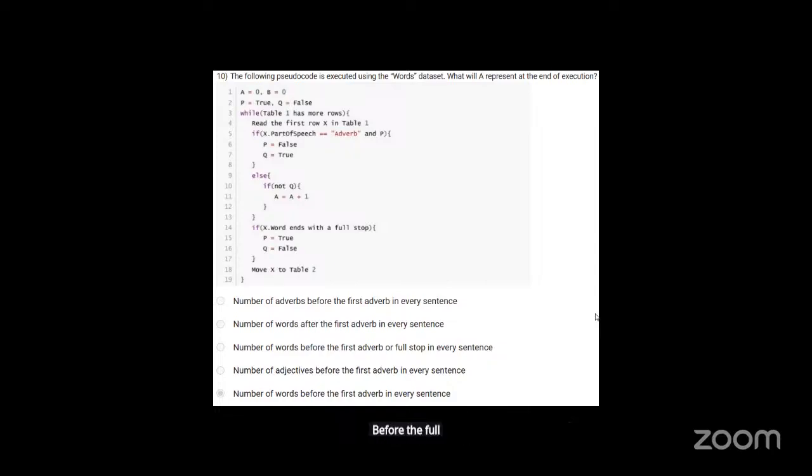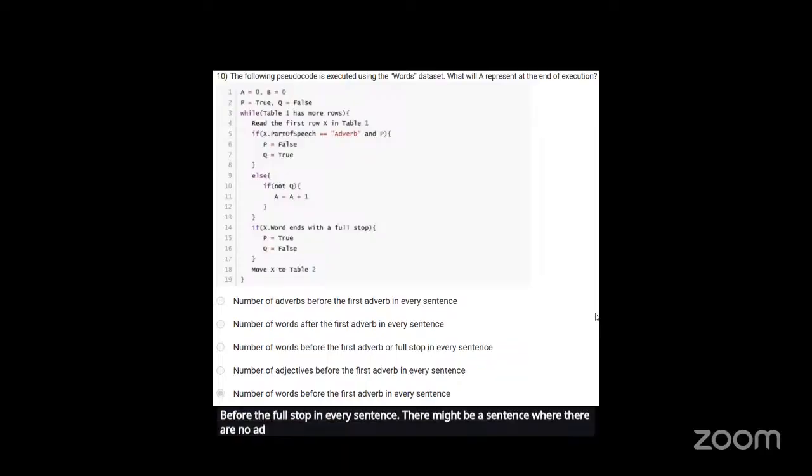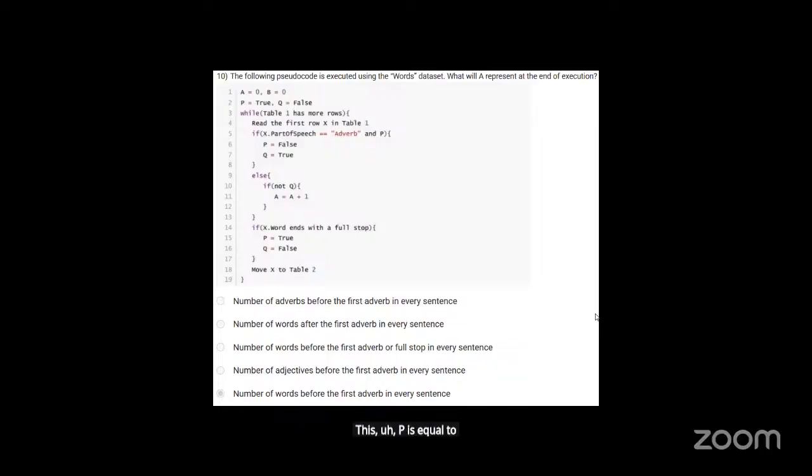There might be a sentence with no adverbs. In that case, P is equal to false, Q is equal to true. This reinitialization in line 6 and line 7 will never happen if there are no adverbs. So A will keep getting incremented in that sentence, and it will take all the words that come before the full stop. So option C is correct.